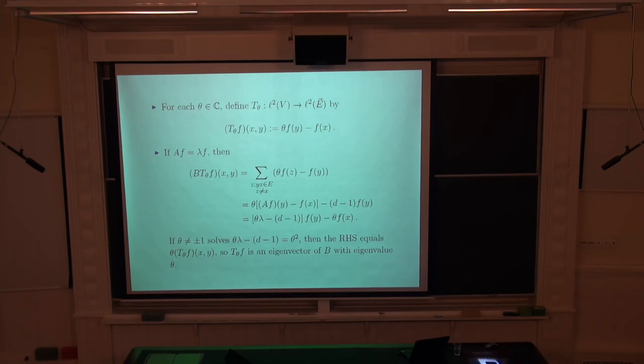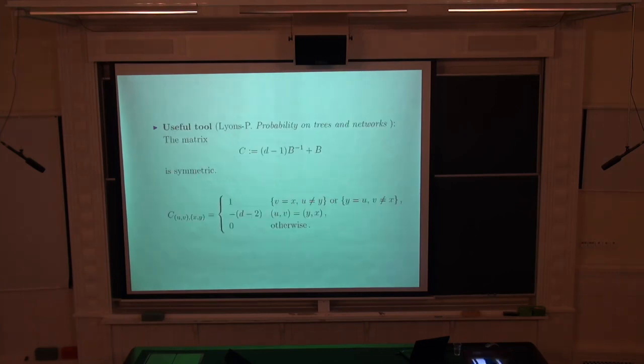So I guess I don't have time to show you, but there is an easy way to see how the eigenvalues of A and B are related. But I'll skip this slide and just end with one key fact that we use in the analysis, which I don't know of any early reference, but it is in my book with Russ Lyons, which after 19 years we finally submitted to the publisher.